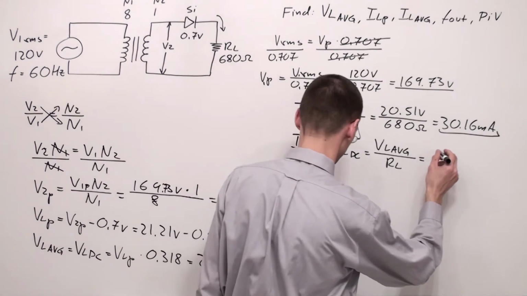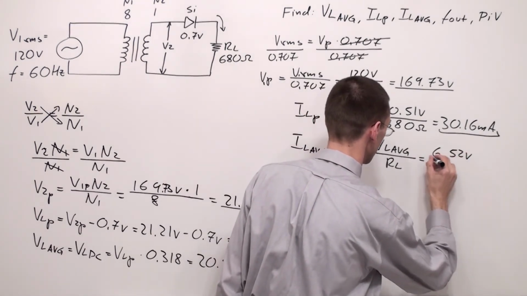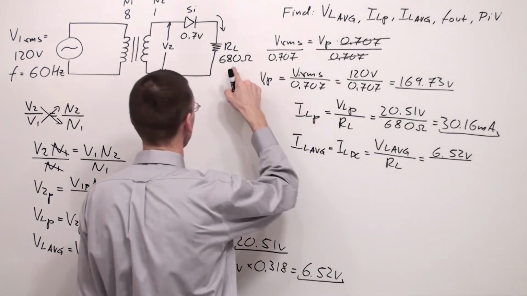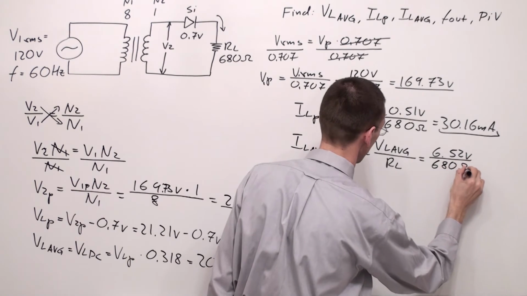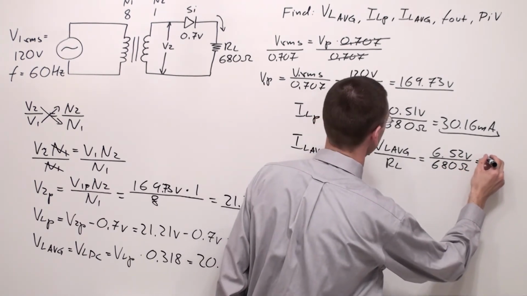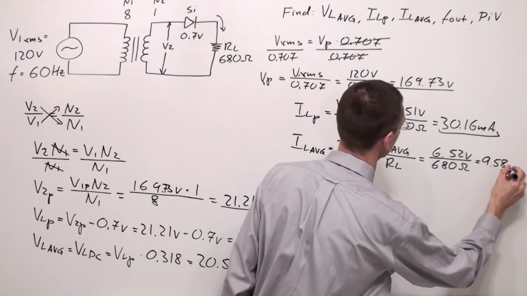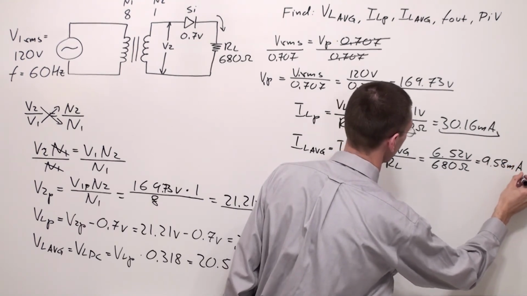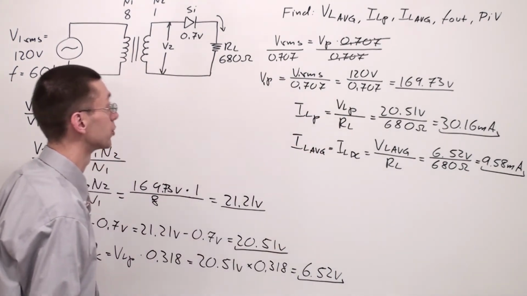That's why I'm going to write over here 6.52 volts over RL, which is equal to 680 ohms, equals 9.58 milliamps. This is my IL average.